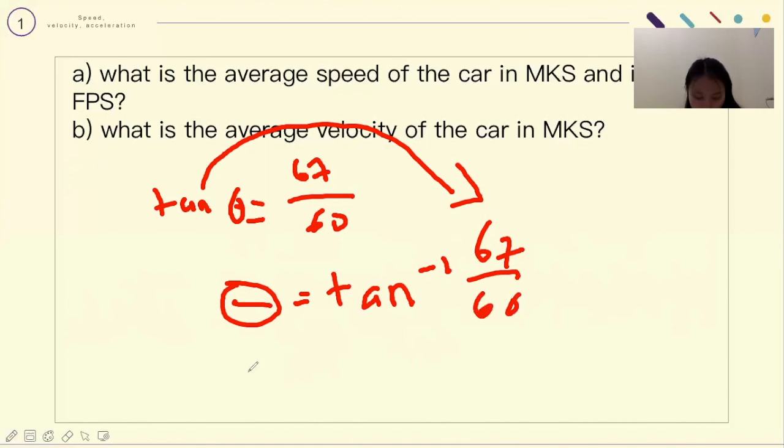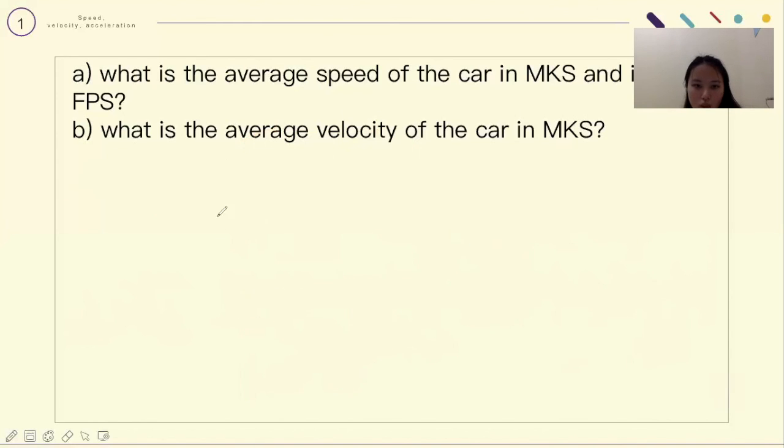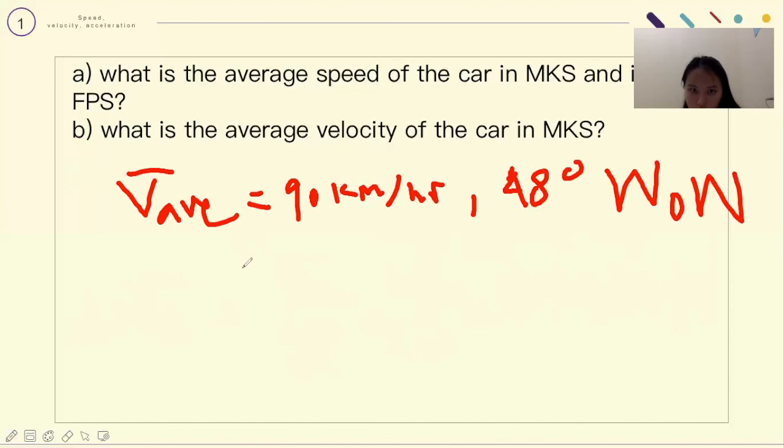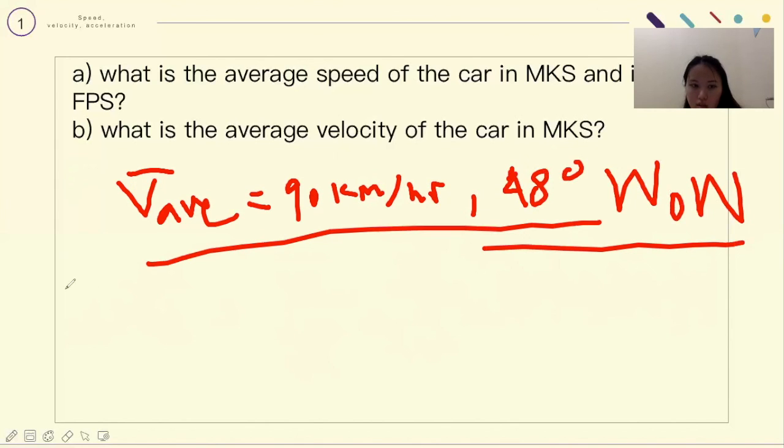Now it is equal to 48 degrees. So the average velocity of the car in MKS is 90 kilometers per hour, and then 48 degrees west of north. So this is the answer to question B.